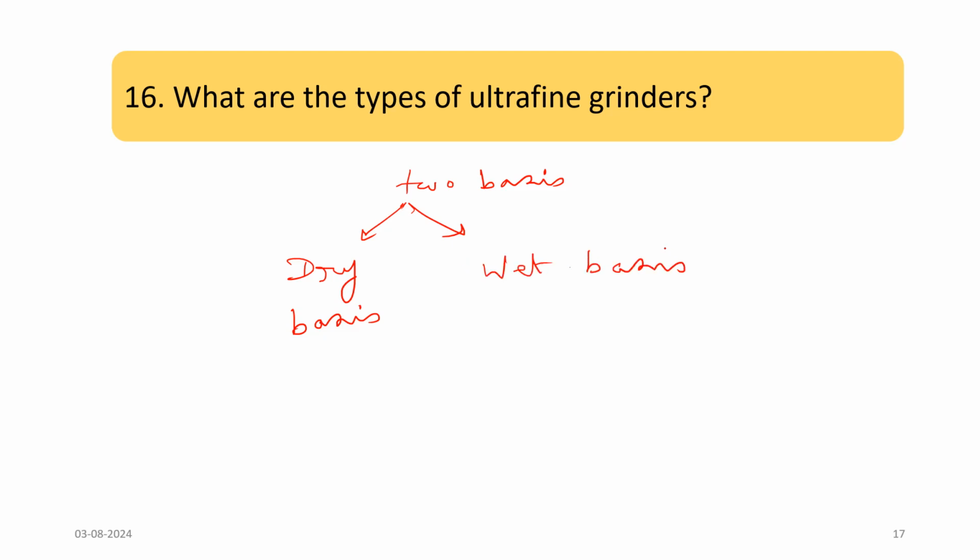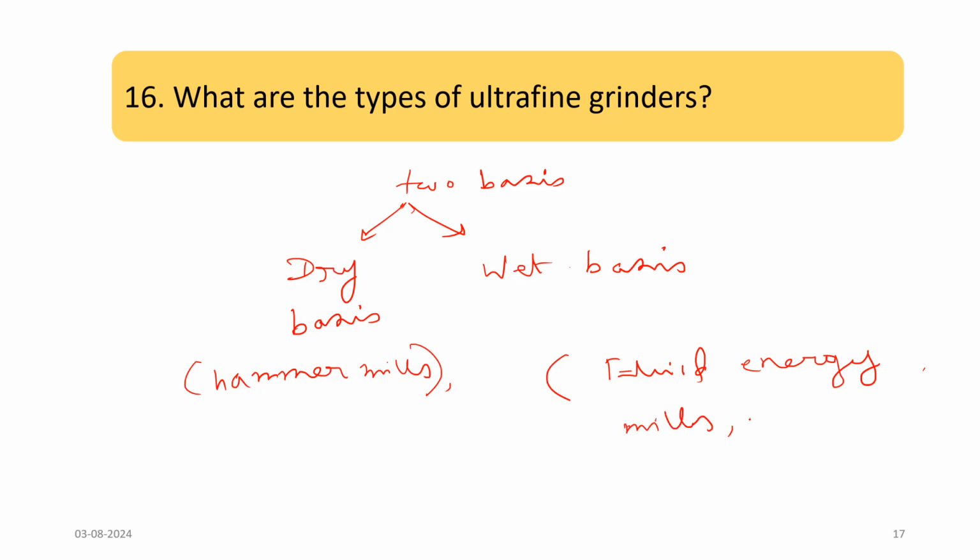In the dry basis come the hammer mills; here only dry solid particles are handled. And in the wet basis come the fluid energy mills, because in these cases fluid is also there with the particles. So that is why it has two bases. Fluid energy mills, jet mills, colloid mills, etc.